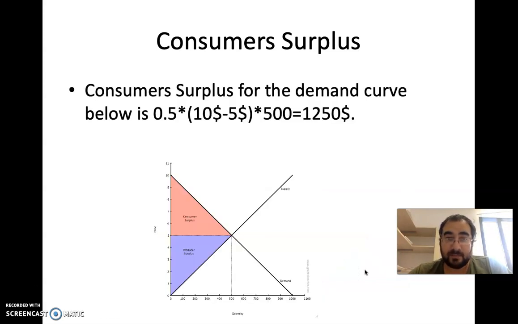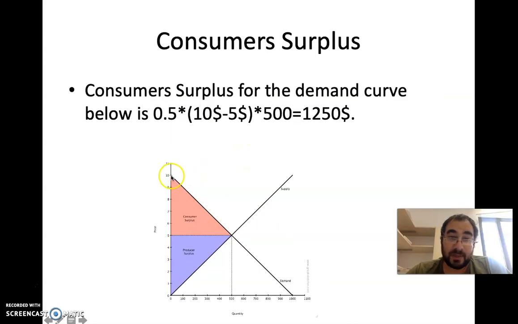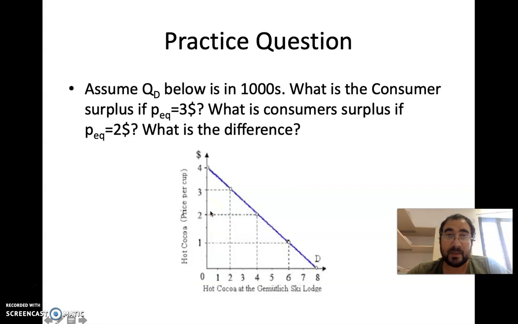You can see that this is the vertical side, and then we divide by 2 because that is the way we calculate the area of a triangle. When we calculate just this amount, we calculate the area of this rectangle, but the triangle is half of that area. That's why we divide by 2. Okay, just a practice question you can do.